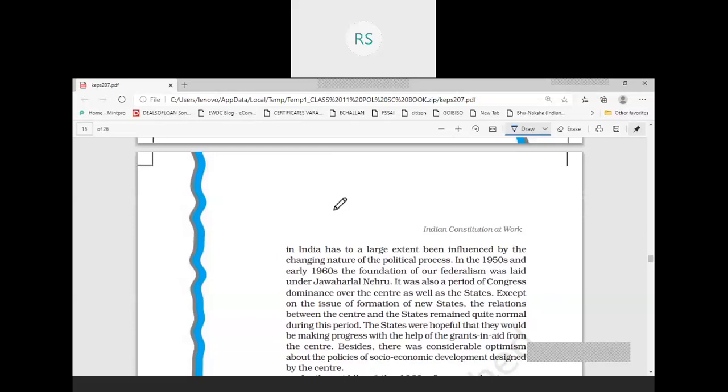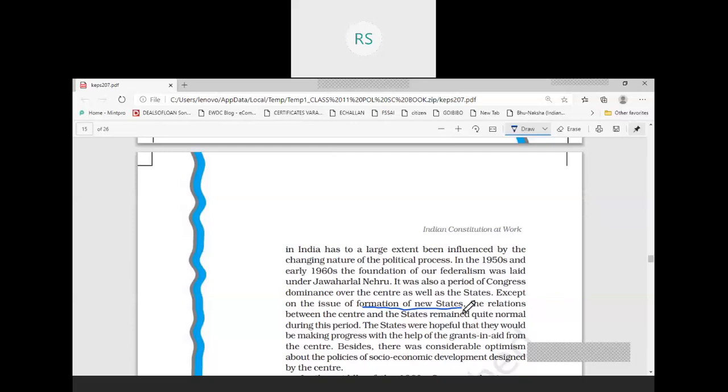But at that time also some conflicts were there, and this conflict was only about the formation of new states. When India was under the colonial rule of the British, the national leaders of our country were in support of the formation of linguistic states. They were of the opinion that states should be natural units, and they should be formed on the basis of language.